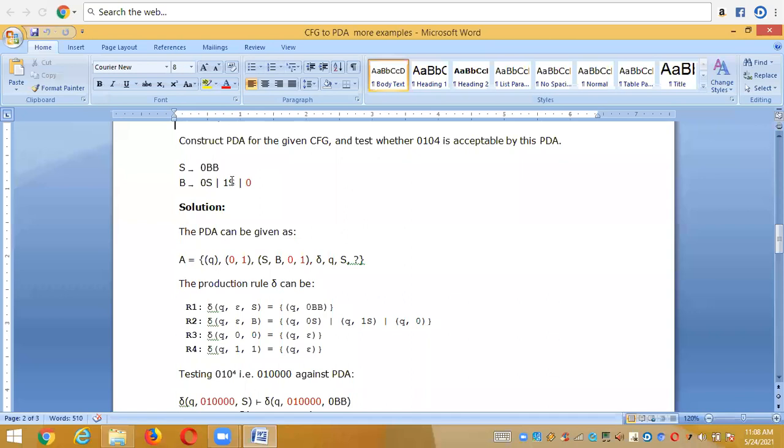That means I am generating the terminals, and everything is reachable, from starting to ending, and from the starting state to the ending state it is generating the terminals.